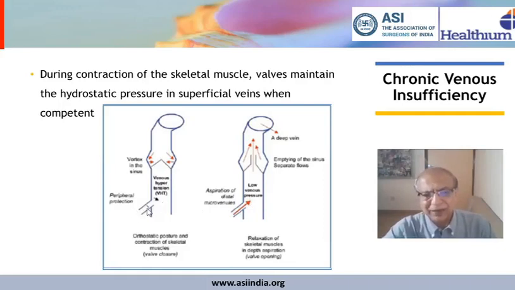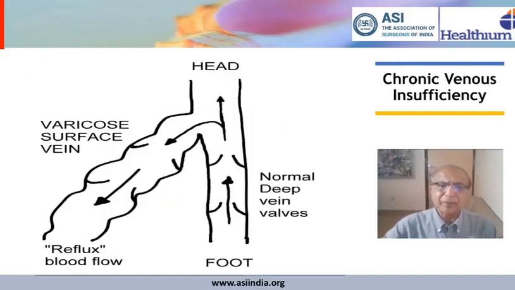This shows how normally the blood flows. As you see, when the skeletal muscle is contracted, the blood is flowing in this direction. Once the skeletal muscle is relaxed, the valve gets open and the higher blood pressure in the peripheral veins makes the blood flow towards the deeper vein and towards the heart. This is the same thing being shown here. As you can see, this is the normal deep vein, let us say femoral vein or popliteal vein.